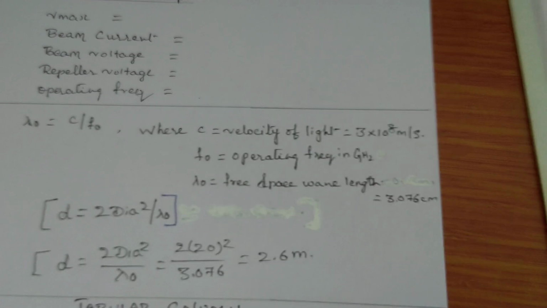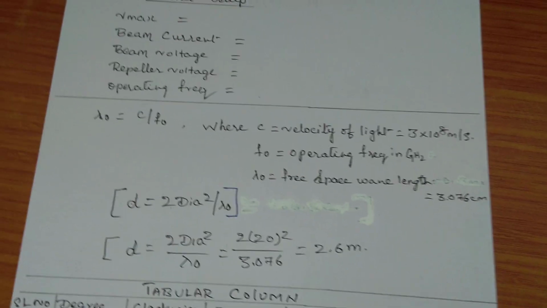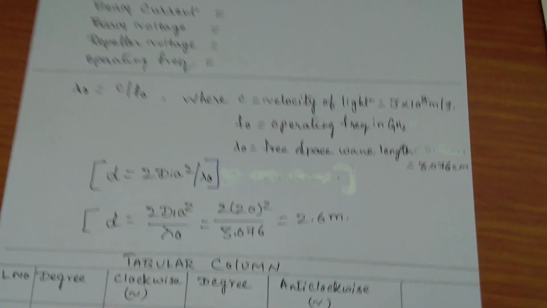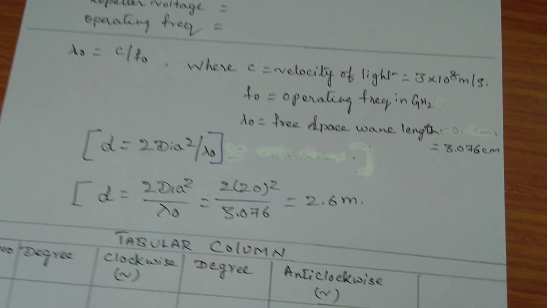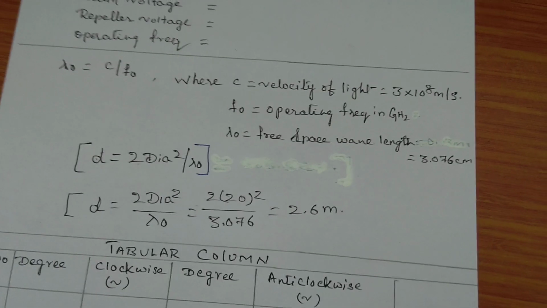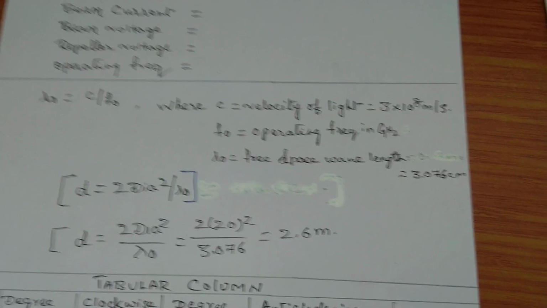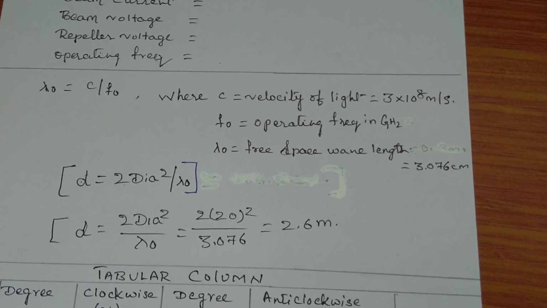How will you get the frequency? The operating frequency is the frequency you have got from the frequency meter, about 9.4 or 9.6 gigahertz. Lambda naught equals C by F, so 3 into 10 to the power 8 divided by the operating frequency.